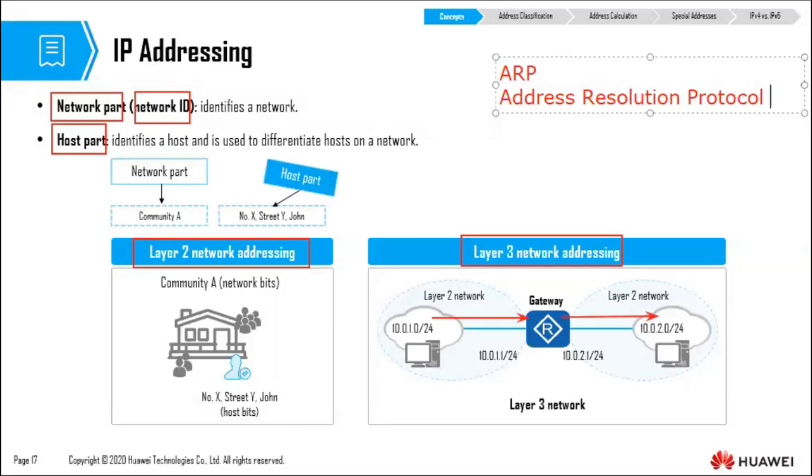So what we are saying is, to send data across networks, you must have an IP address. Now, normally, the device that is used to forward data between networks is commonly referred to as a gateway.